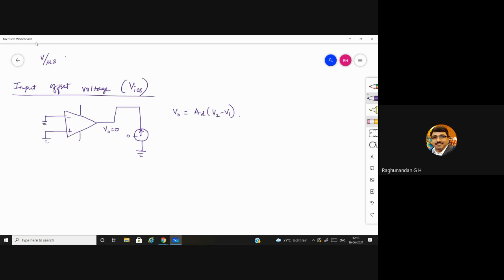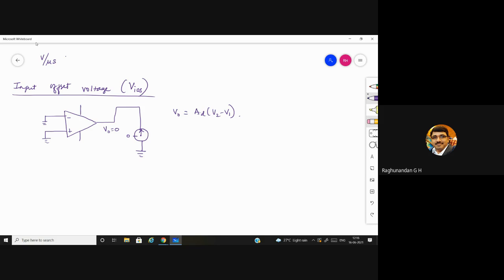Because of that, even though we have grounded it, there is some amount of current which is flowing through the input. Because of that, there is some output voltage. So whenever both the input terminals of an op amp are grounded, the output should be zero. But a practical op amp shows some amount of non-zero output voltage.